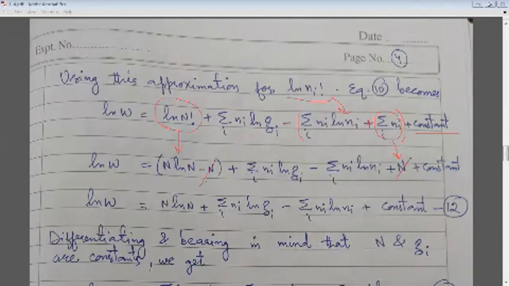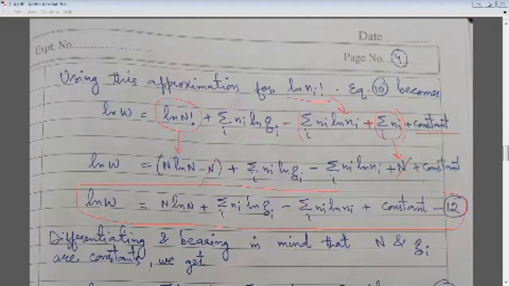So we got equation 12. Simply, you have to use Stirling approximation for equation 10, first for ln ni factorial and then for ln capital N factorial, and you will get this equation.